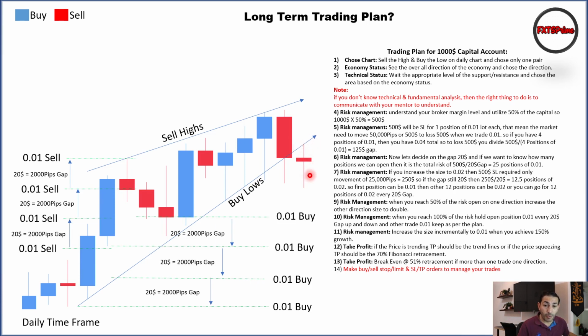The moment the price reaches here, I'm going to sell this, and I'm going to apply the $20 gap until I reach $500. And if it's going down, I'm going to buy this low, and I'm going to apply the $20 gap as well. So you see, I'm going both directions, long term.